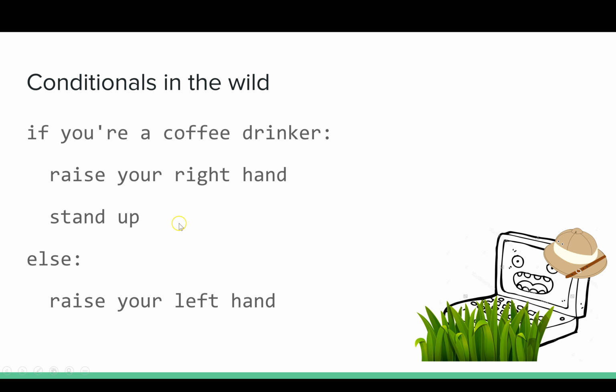In this case, the whole class is divided into two groups. One group will be standing up with their right hand raised, and the remaining group will have their left hand raised and they're still sitting, and there's no other choice. The whole class is divided into two groups.